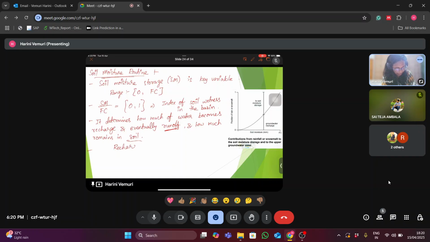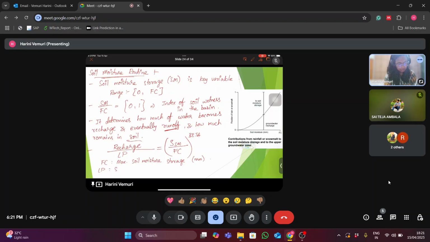Then we have recharge by LP is equal to (SM by FC) whole power beta into. So FC is the maximum soil moisture storage in mm.